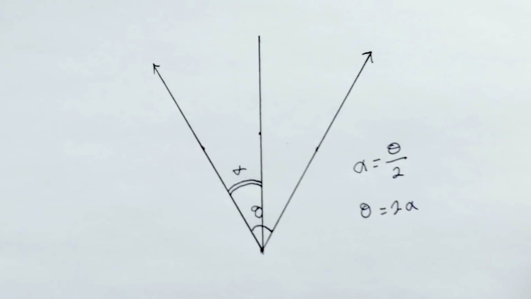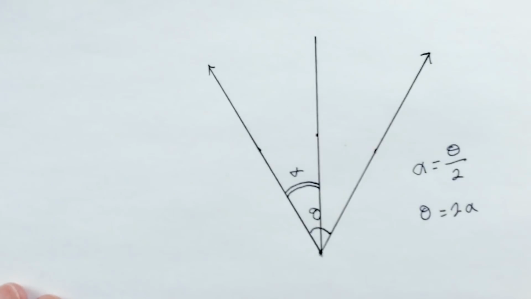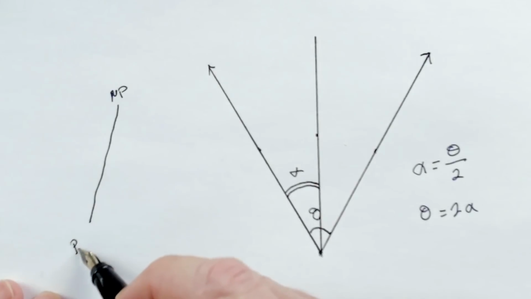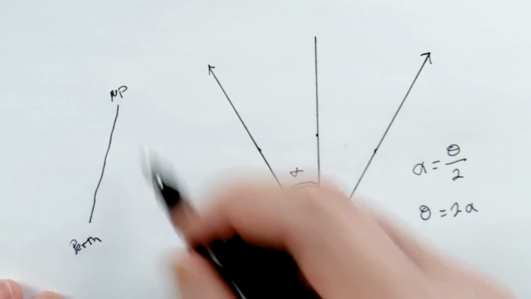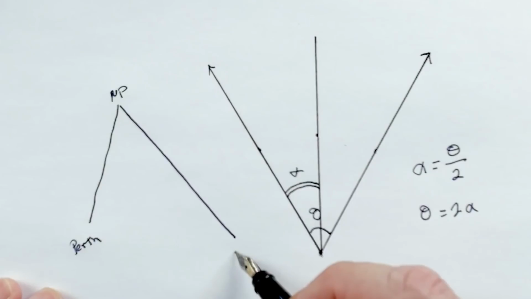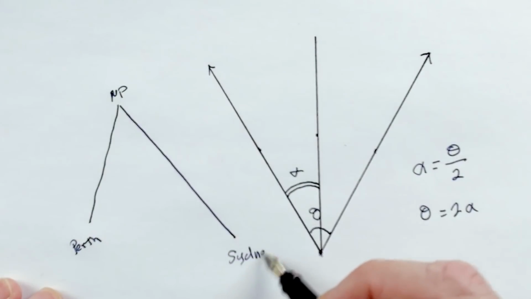Now, we're going to go over that a little bit more in a few minutes, but before we do that, I'm going to show you how we're going to find the length of a side of a triangle if we know two sides of the triangle and the angle in between them. So, for example, we're going to take a line to Perth, Australia, and then we're going to take another line from the North Pole to Sydney.